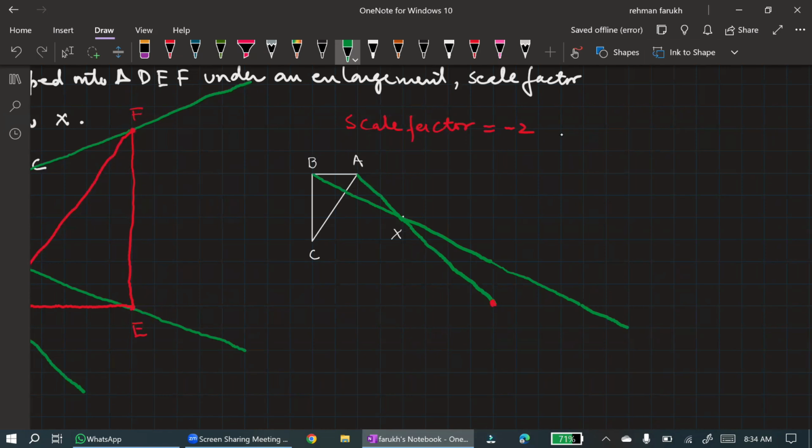Let this distance be 5. BX is equal to 5. Now we will mark a point at a distance of 10 units from X. That is this point. Now we will join C with X and extend this line on the other side.